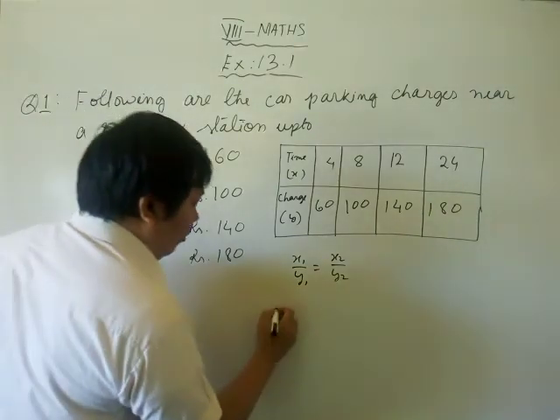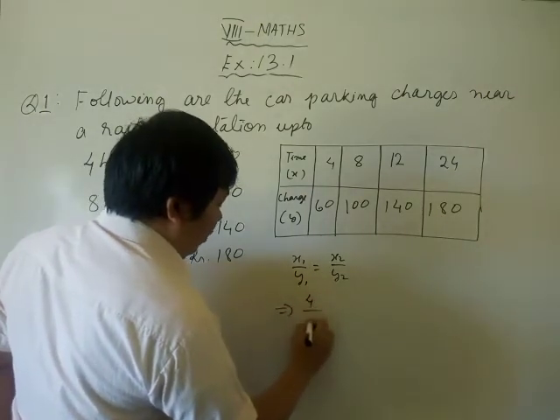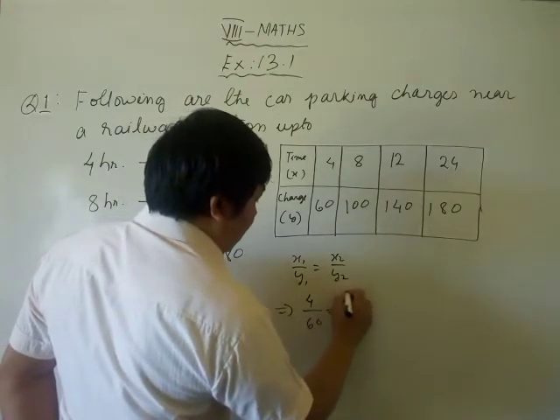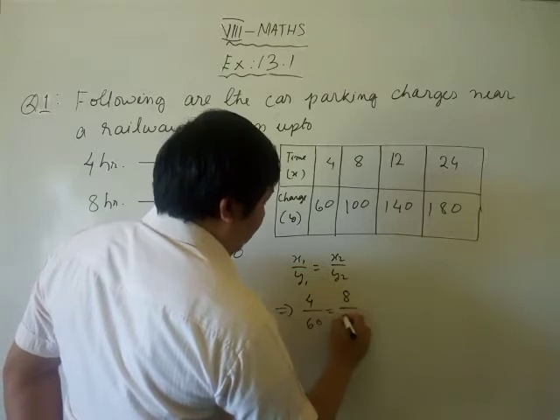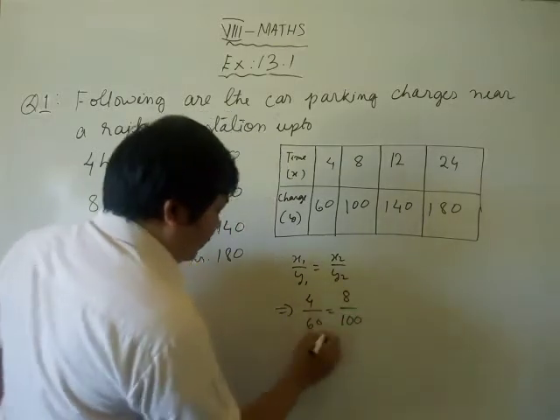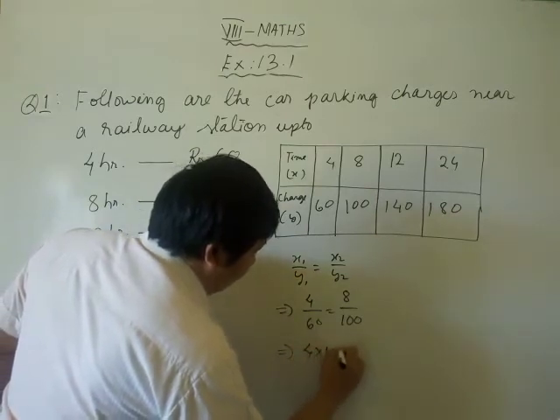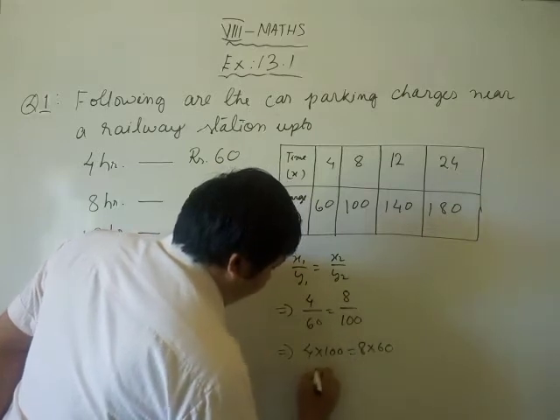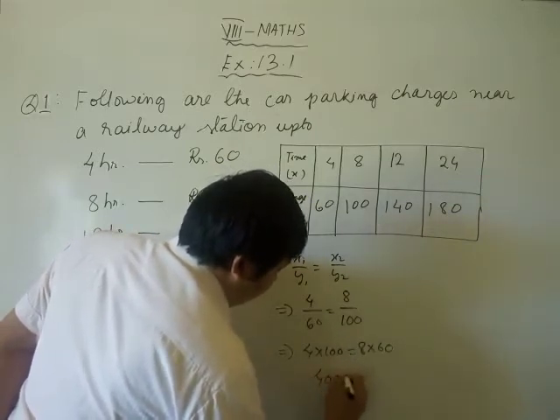So x1 value, how much? X1 value is 4 now, and y1 value is 60, equal to x2 value, how much? X2 value is 8, and y2 value is 100. So by proportionality, 4 into 100 must equal 8 into 60. So here we get 400, isn't it?